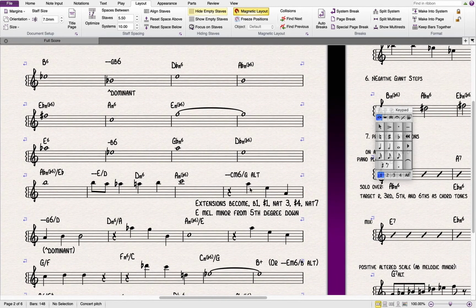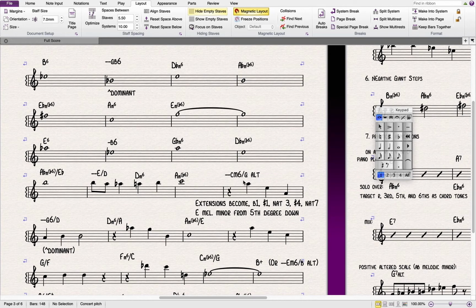I'm going to give you a primer, because this is initially going to be a little mind blowing, and it's a lot to take in because we're already dealing with a lot. Our altered chord here is a C minor 6 over G altered, which is the equivalent of the positive E7.